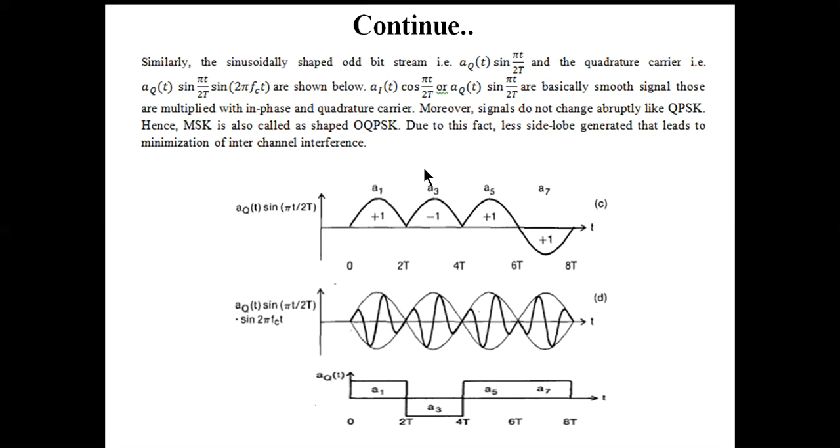The main thing we want to mention is that AIT cos pi t by 2T and AQT sin pi t by 2T are basically smooth signals. These are multiplied with the in-phase and quadrature carriers, that is cos 2 pi fct and sin 2 pi fct. Here you can see that the phase or signal does not change abruptly like QPSK.